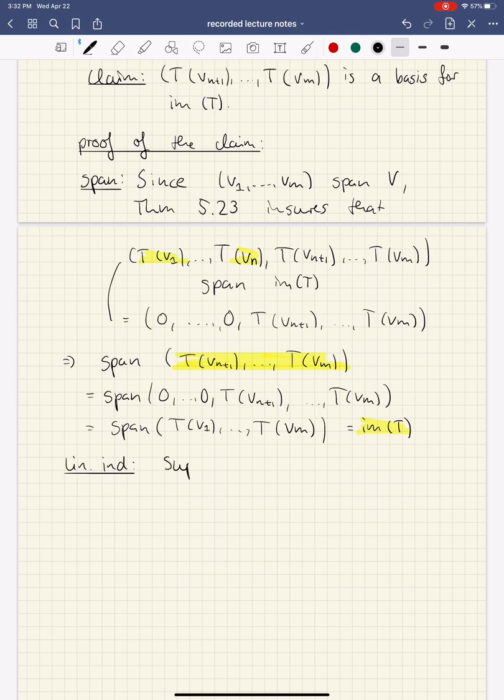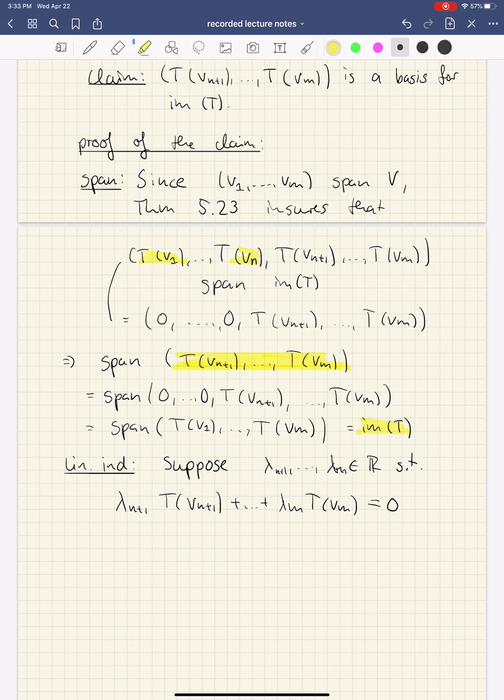We'll take scalars in R, lambda n+1 through lambda m, such that lambda n+1 T of Vn+1 all the way up to lambda m T of Vm is equal to 0. So we take a linear combination in the tuple we're interested in and we set it equal to 0.